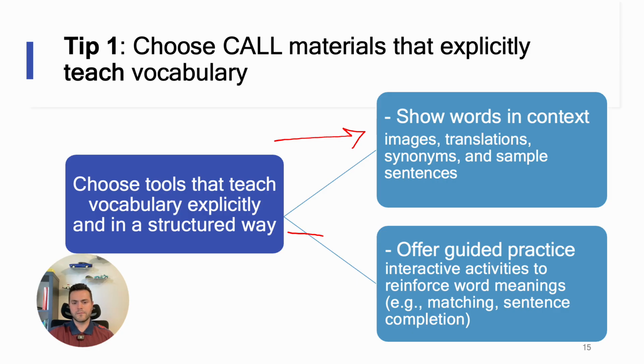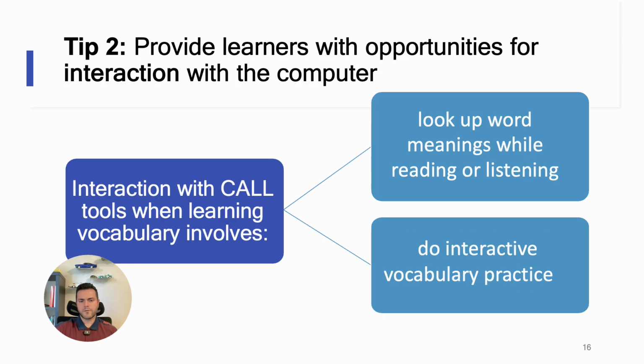And also it includes offering guided practice like interactive tasks where learners match words to meanings, complete sentences, or use new vocabulary in context. In other words, the tool we choose should provide both input and output opportunities, supported and complemented with feedback.